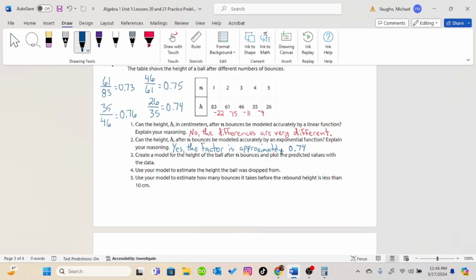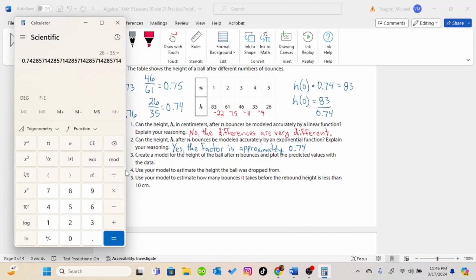So normally you would take h of 0 and multiply it by 0.74 to get h of 1, which was 83. So now to find h of 0, we're going to divide 83 by 0.74. And this equals approximately 112.